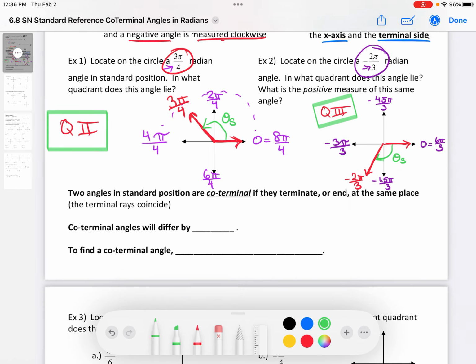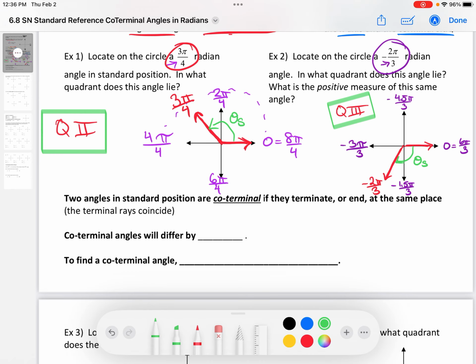Now, just like in degrees, there are coterminal angles. Coterminal angles terminate or end in the same position, the same place, and that may be stated as the terminal rays coinciding. The angles coincide. That means they're at the same place. Now, coterminal angles will differ by the entire measurement of the circle.